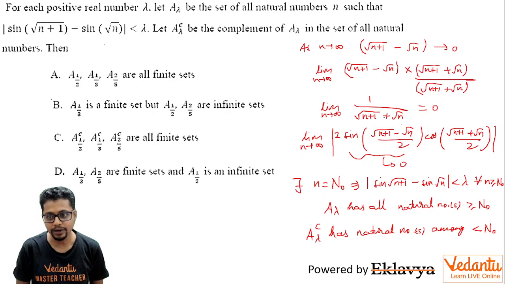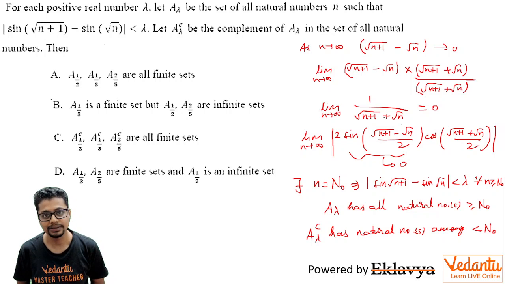So from 1 to n naught there are finitely many natural numbers, and if this complement set has elements from this finite set only, it would be a finite set, because if a set is a subset of a finite set, then that subset would also be a finite set. So that's how you can say that A of a half complement, A of 1 by 3 complement, A of 2 by 5 complement, they are finite sets. C is the answer. Thanks for listening.